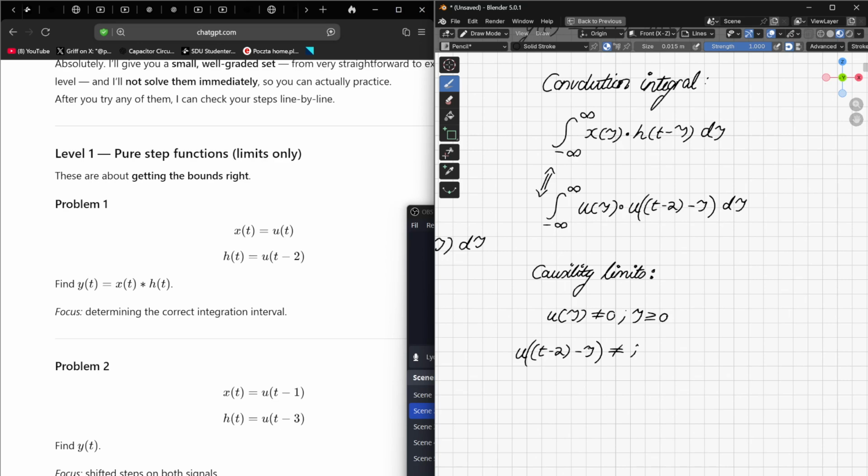So maybe it should be tau is lesser than or equal to minus 2. Tau is lesser than or equal to, I'm not quite sure.